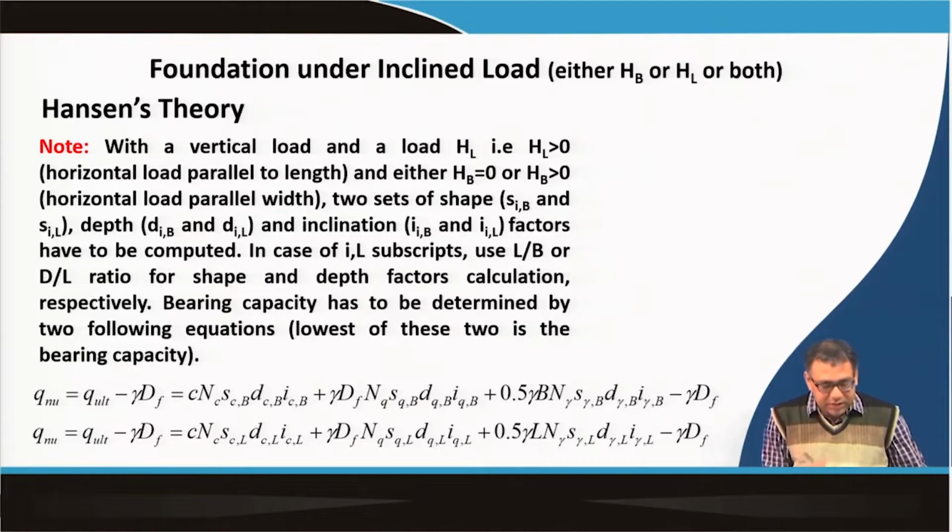First, note that with a vertical load and a horizontal load HL, that is HL greater than 0, where HL means horizontal load parallel to length, and either HB equal to 0 or HB greater than 0, where HB means horizontal load parallel to width, then we have to calculate two sets of shape factors, inclination factors and depth factors. What does it mean?